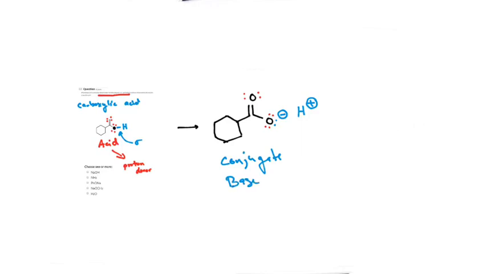Conjugate because it looks most similar to our acid, but it's a base now, because if I tried to reverse the reaction to get the original acid back, I would have to put a hydrogen back onto this conjugate partner, which means it would have to act as a base.